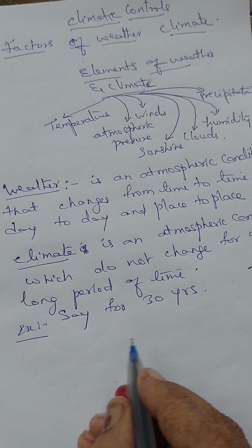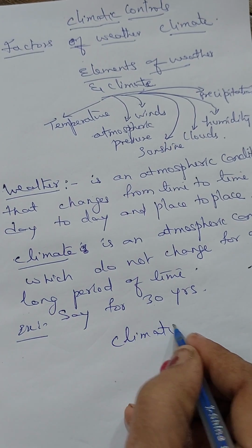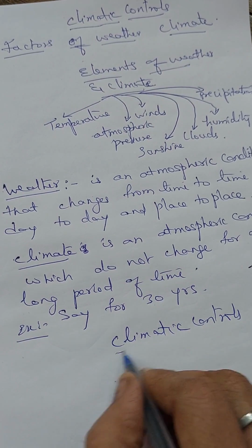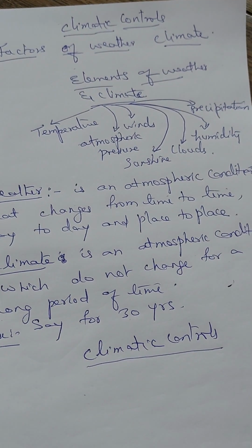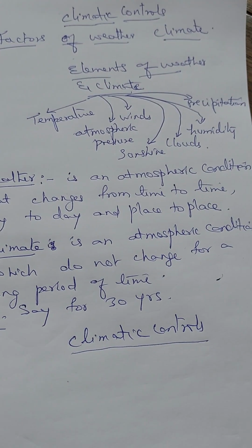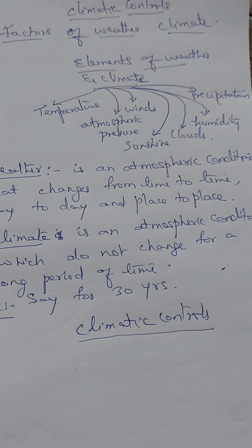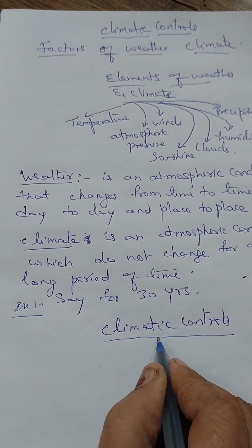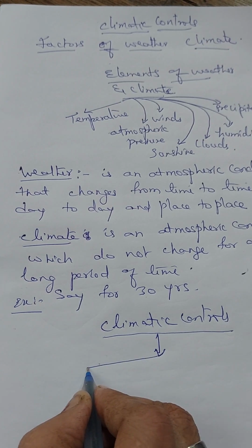Right, now we'll see the climatic controls. What are the climatic controls? We need to understand how these climatic controls affect the climate of a particular place. Now we have 4 climatic controls that we will see.